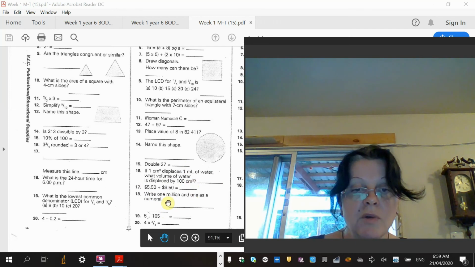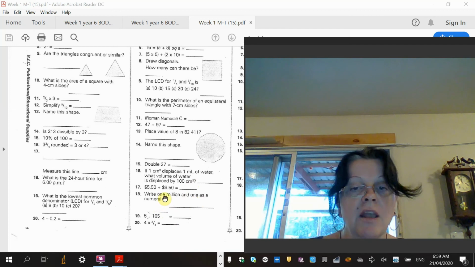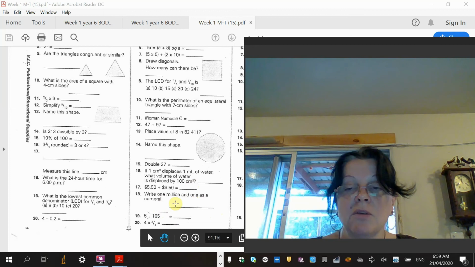Write 1,000,001 as a numeral. Yesterday we wrote 1,000,000, so continue to do that now. 1 with 3 zeros, then another 3 zeros, but it's not just 1,000,000, it's 1,000,001. So we have a 1 in the ones column.